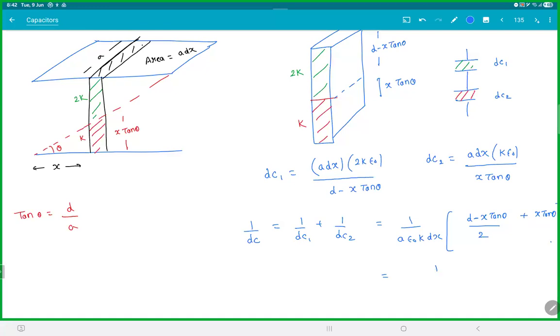That would be d plus x tan theta by 2 times a epsilon k dx. This is 1 by dC. Reverse this, and this will give you dC.